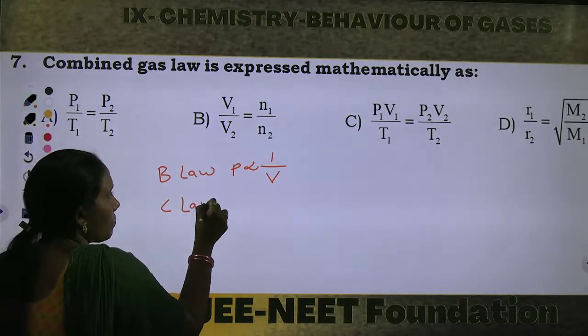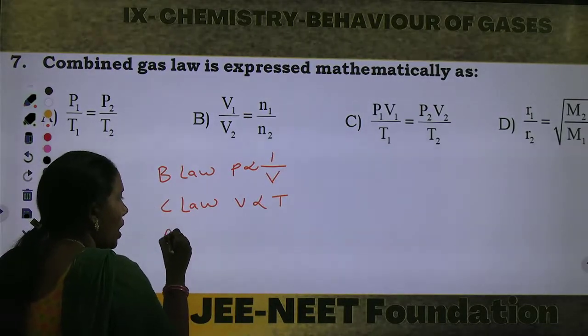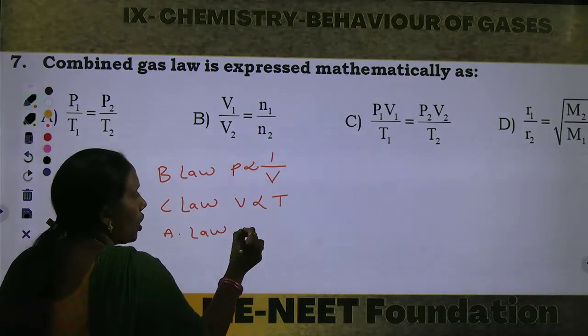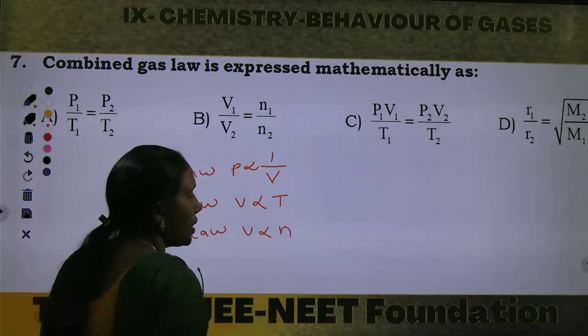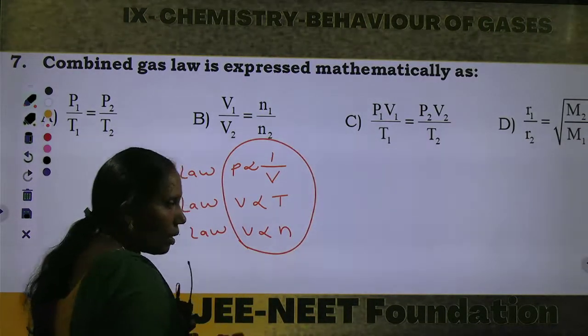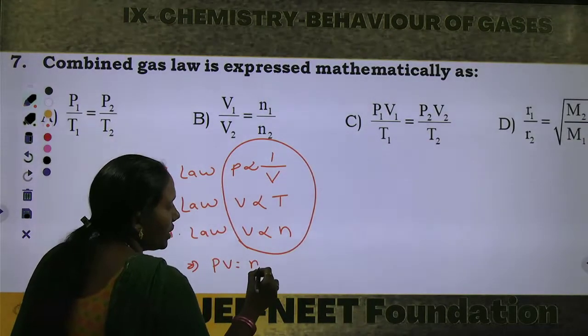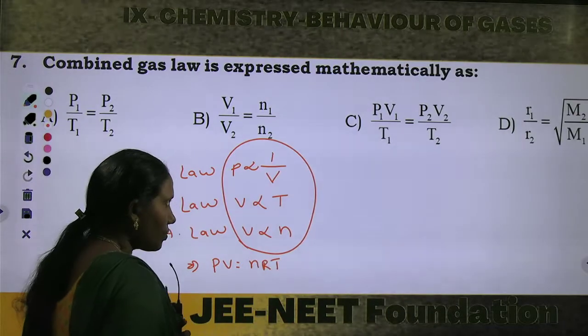Charles' law: volume is directly proportional to temperature. Avogadro's law: volume is directly proportional to number of moles. If you combine these three laws, the mathematical expression will be PV equals nRT.